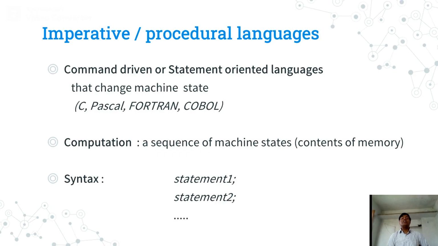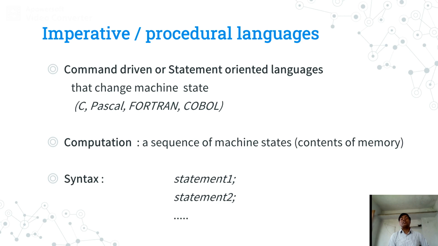In imperative or procedural languages, generally the languages are command driven or statement oriented. They are used with commands. In every statement, the data in memory is changing, so the machine state is changing.